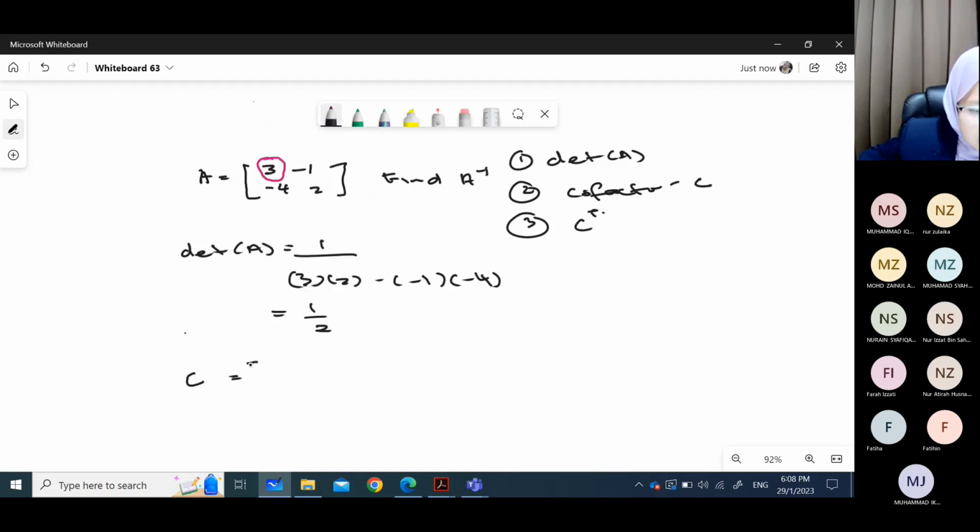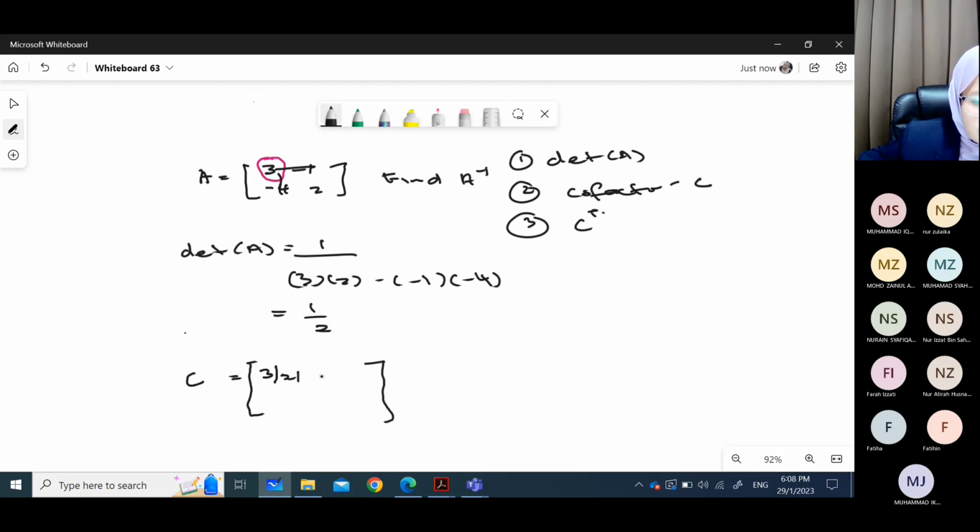Okay. So kita sediakan satu matrix untuk C ni. Untuk first ni, dia adalah 3, darabkan dengan yang kita cari tadi tu, 2 kan. Kita ambil leading 3. So kita eliminate for first row and the first column. So here we have 2.